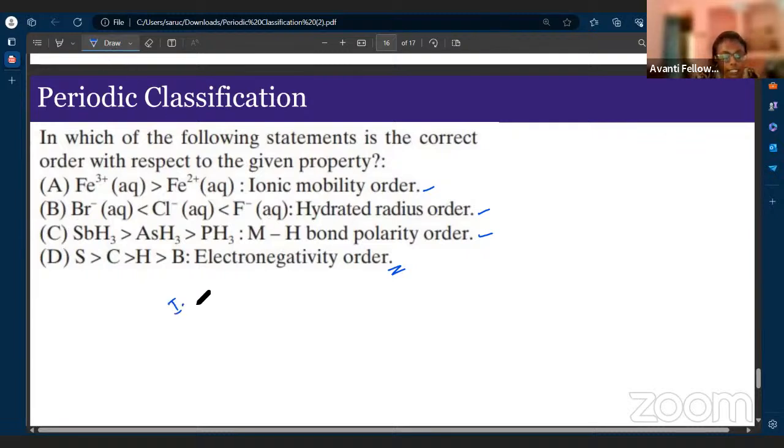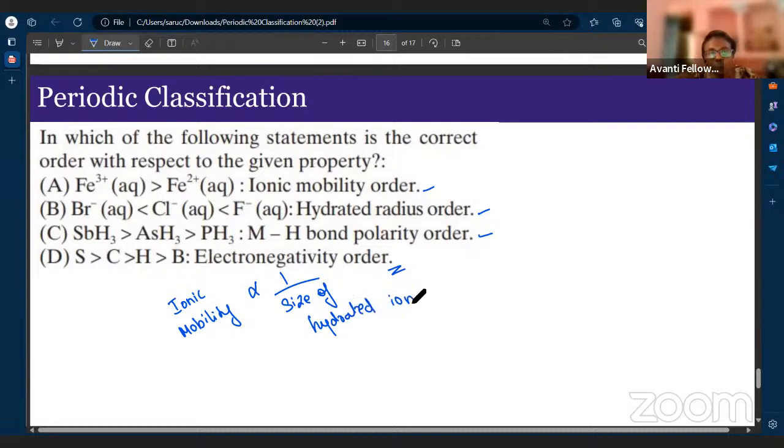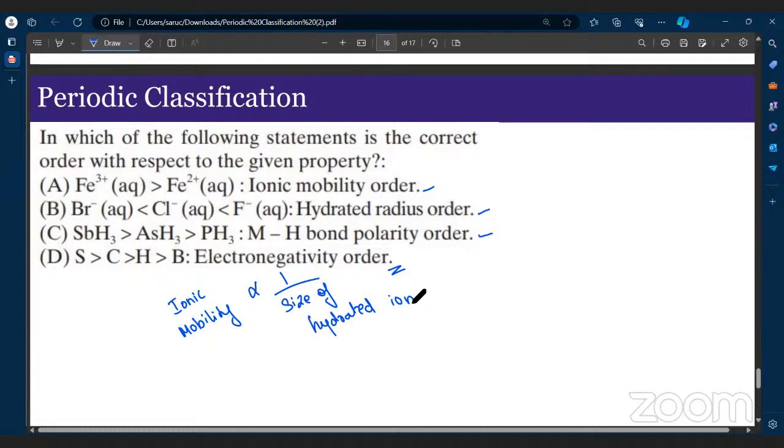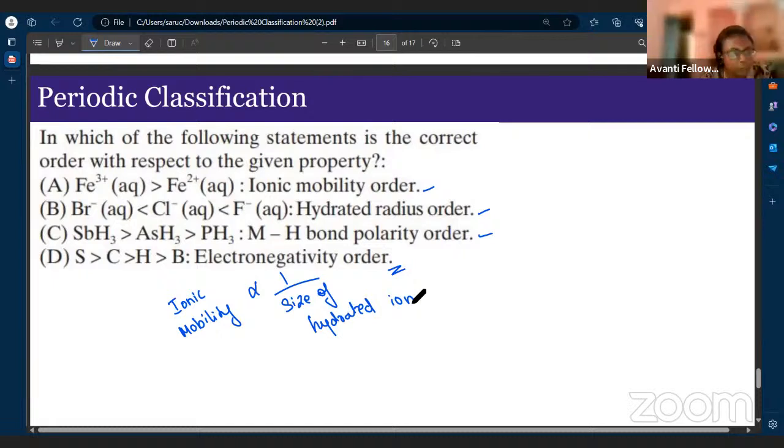Can I say that ionic mobility is inversely proportional to the size of the hydrated ion? Yes. Fe3 plus has the larger hydrated ion size, so mobility should be minimum for Fe3 plus. So the order is wrong over here.